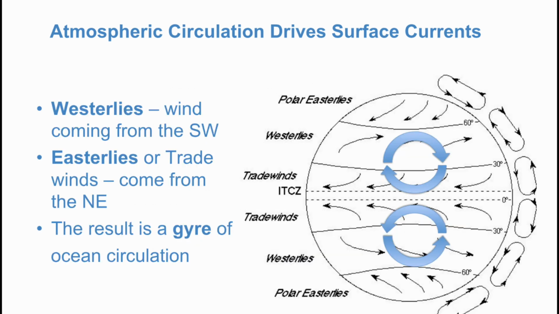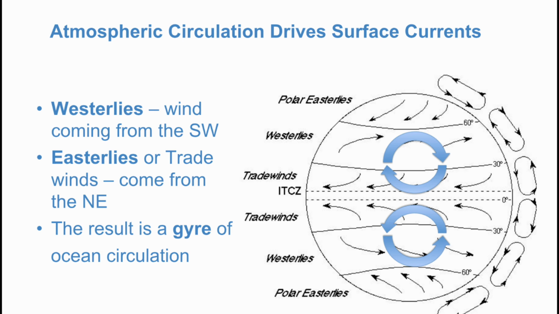Now, one of the things that we can see is that the westerlies, which is wind that comes from the west or southwest, is going to generally try to drive some of that current to head toward the east. And the easterly winds, which we sometimes call the trade winds, come from the northeast, and they will tend to drive some of that surface current to the west.